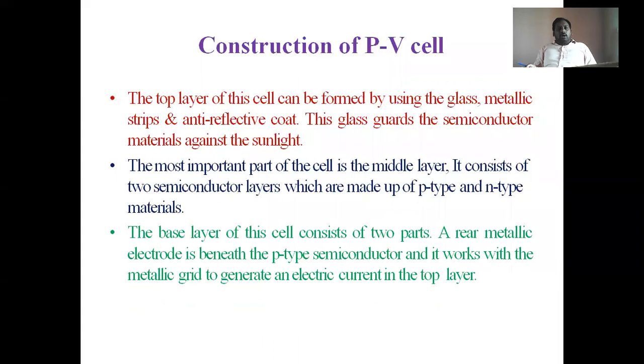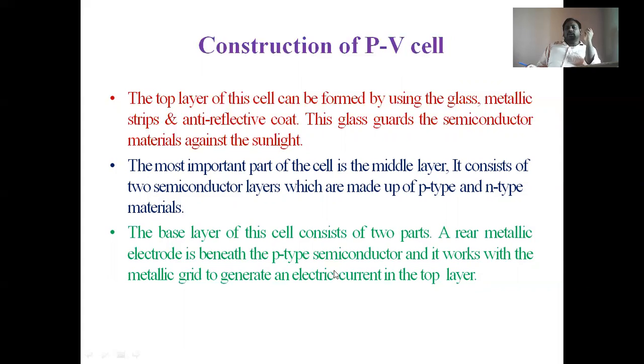physics. And the third layer is the base layer of the cell, which consists of 2 parts. Base layer. In this layer, the rear metallic electrode is beneath the P-type semiconductor and works with the metallic grid to generate an electric current in the top layer.